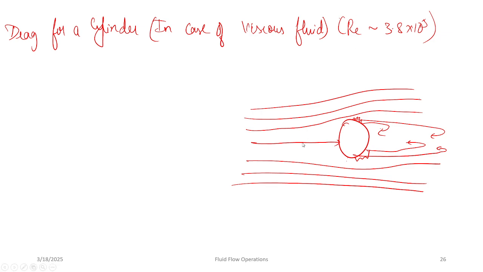And also there is a formula to calculate the frequency of vortices, because this is not going to be a continuous thing, right? It will be taking some time to form.